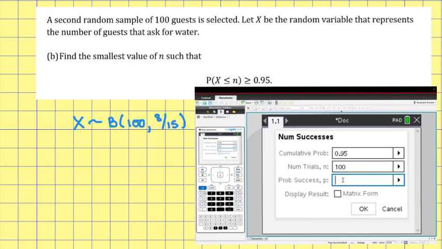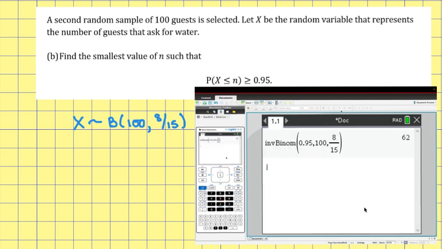The probability of success is 8 divided by 15. I press OK, and that tells me that the number of people will be 62. That will give me a probability of 0.95. So if I write down my answer to B is n equals 62.